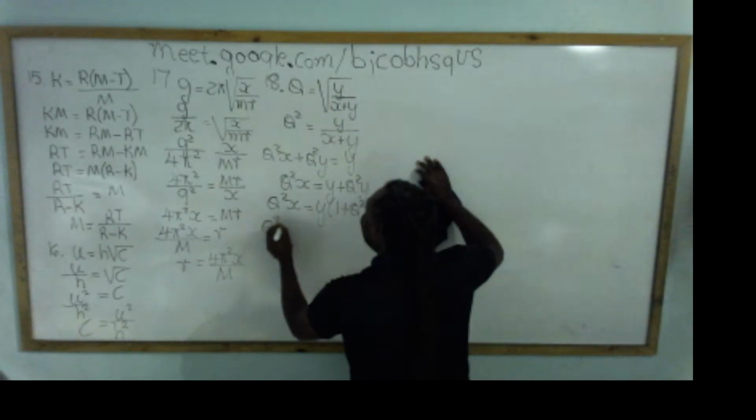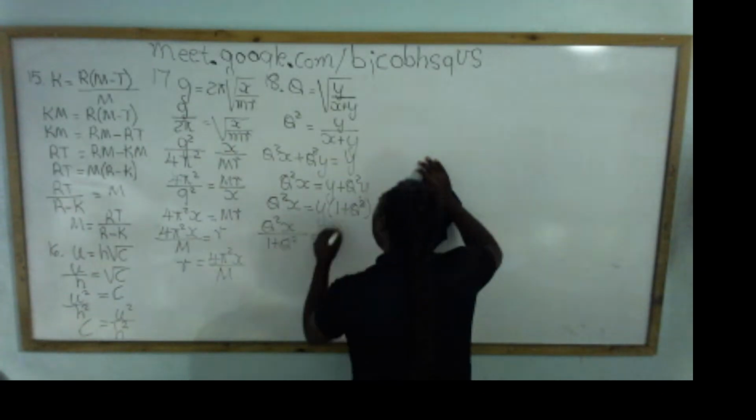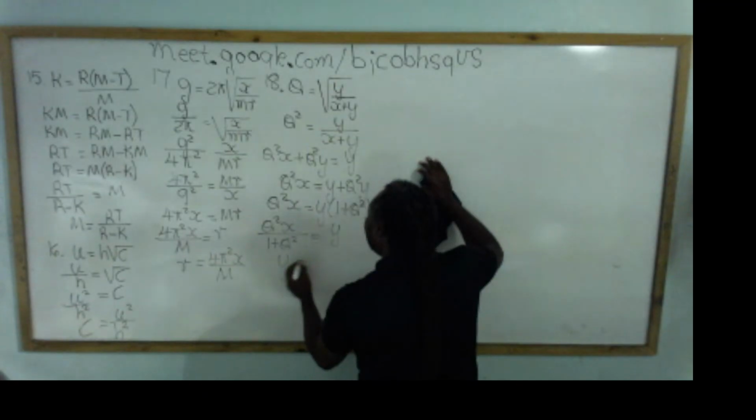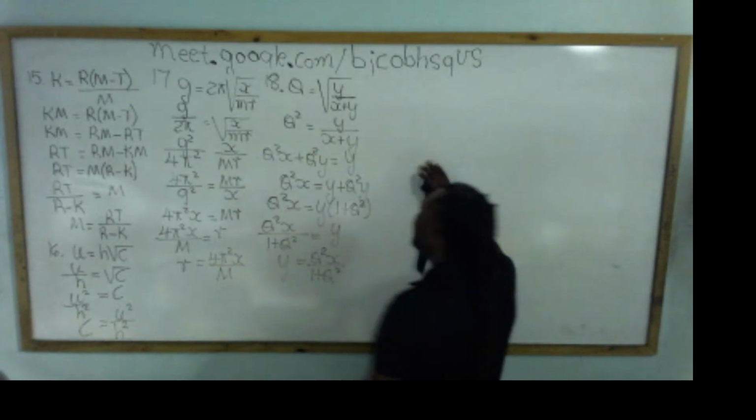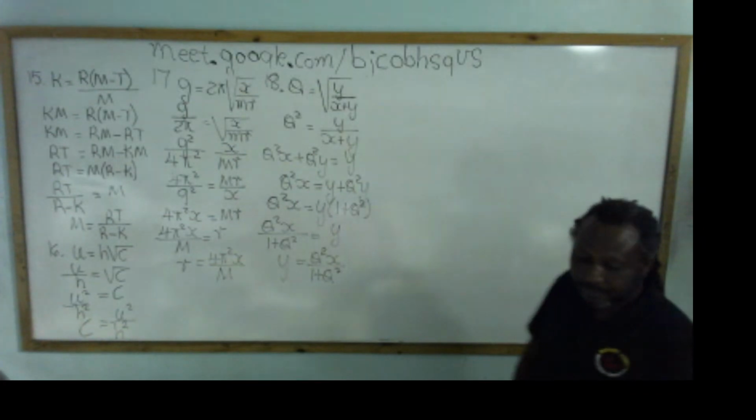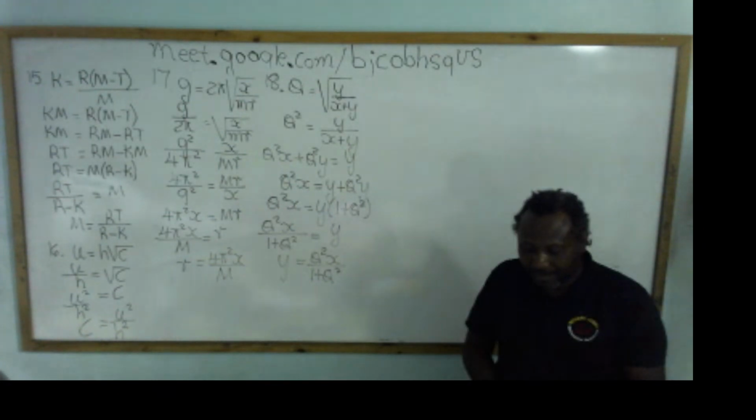Q squared x over 1 plus q squared is equal to y. So y is equal to q squared x over 1 plus q squared. That's nice. Very nice.